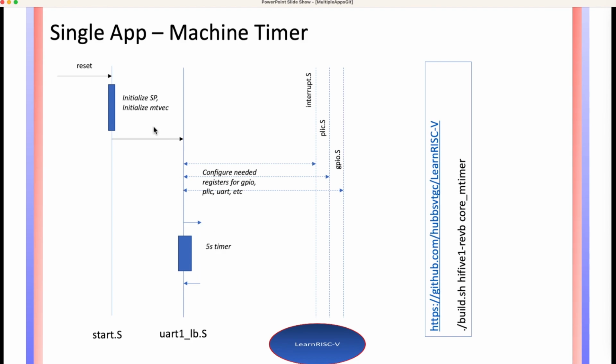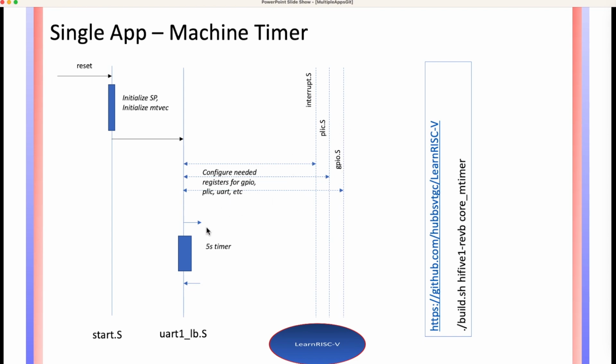For the machine timer example, what the example code would do is right after configuring these machine timers. Okay, this is wrong actually. For machine timer we don't configure these registers, just the timer registers have to be initialized.